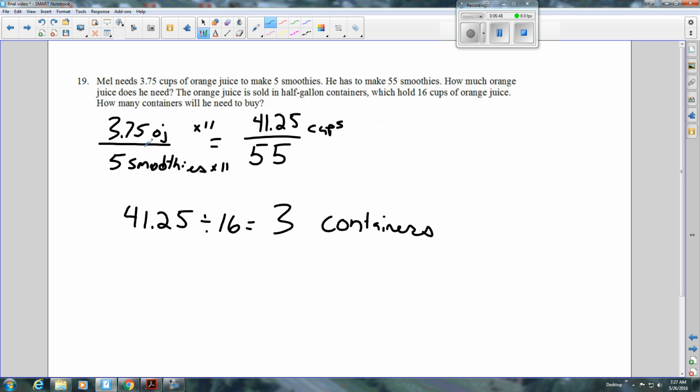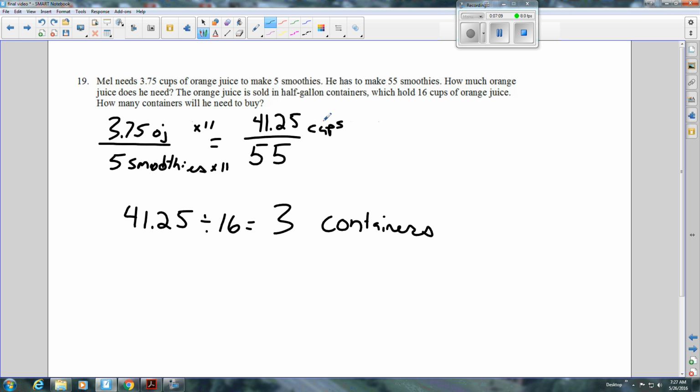So if you look at this, it's 3.75 equals 5 smoothies. So 5 times 11 gives you 55 smoothies. Whatever you do to the bottom, you got to do to the top. 3.75 times 11 is going to give you 41 and 2/25 cups.